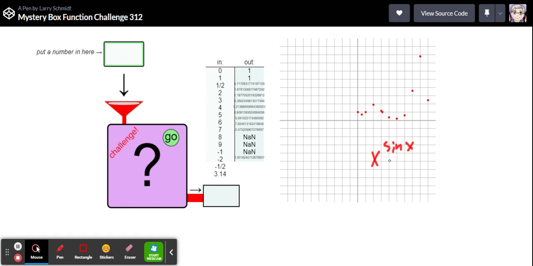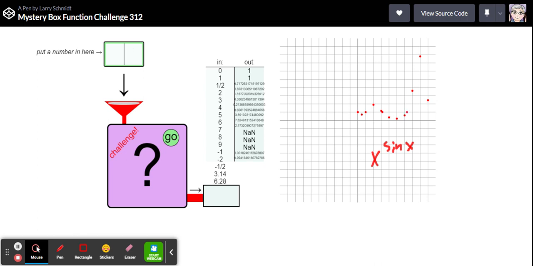So in fact, every multiple of pi should give us something close to 1 on this one. Let's try 6.28. And that's basically 1 as well.